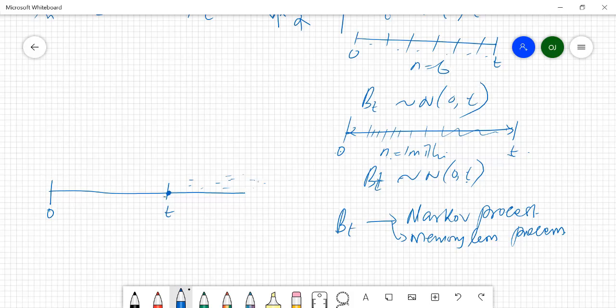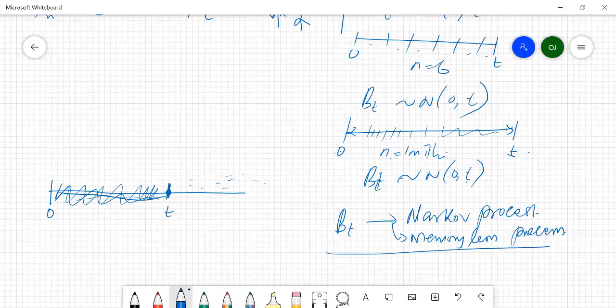It does not depend on what happened in the previous time. Time t only is what determines the path, the Brownian paths. We call them the Brownian paths.